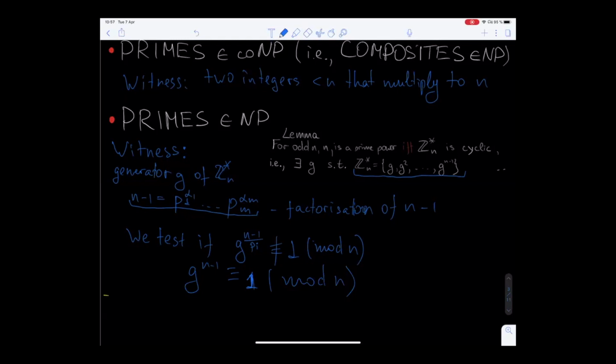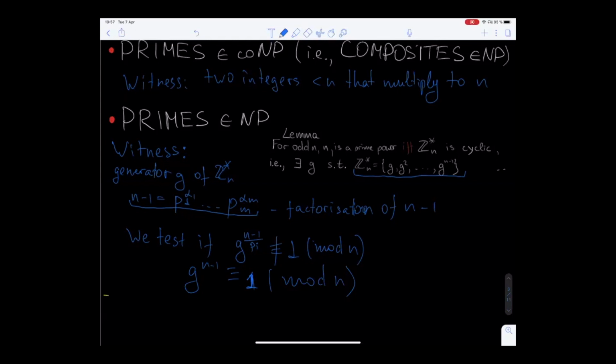And if g to the n minus 1 divided by pi is not 1 modulo n, it means that the order of the element g must be exactly n minus 1. Because if it's not n minus 1, it must divide n minus 1.